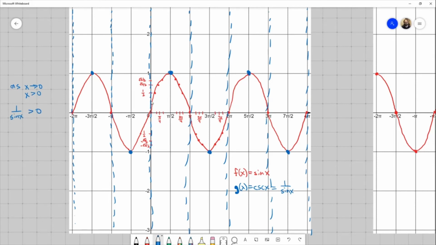We can see the red graph here is above the x-axis, so sine of x is positive there, and 1 over sine of x, that means cosecant, is positive. The denominator is going to 0, which means that since the fraction is positive and the denominator is going to 0, cosecant is going to infinity. We're up here.